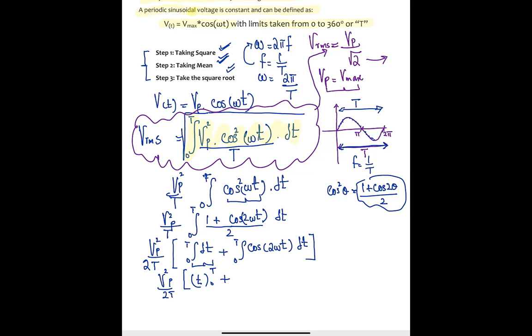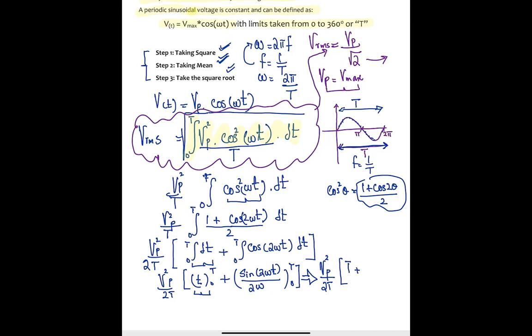That would be equivalent to sine 2 omega t, and then the compensation that goes here, 2 omega over here, with limits going from T to 0. I'm just going to continue doing over here. So this gets V peak value square over 2T. This will be T minus 0, so you get T here, and then this plus sign.